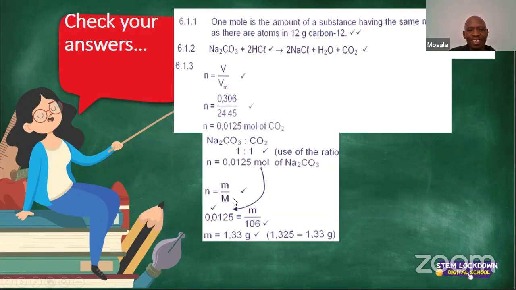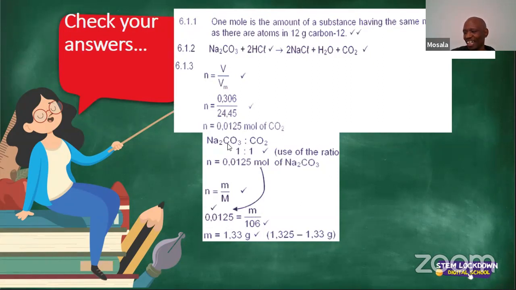We can calculate it: sodium is 2 atoms, so 23 times 2, which is 46, plus carbon, which is 12, plus oxygen, which is 3 times 16, which is 48.